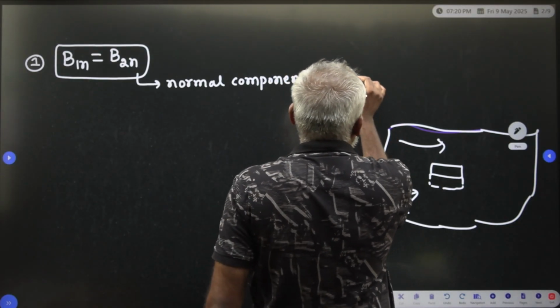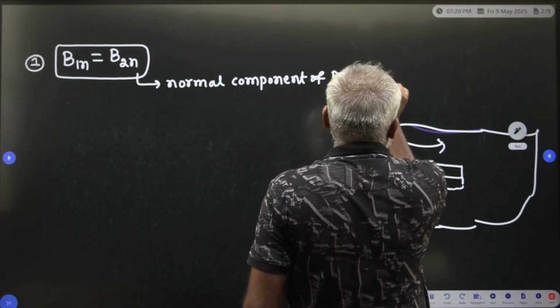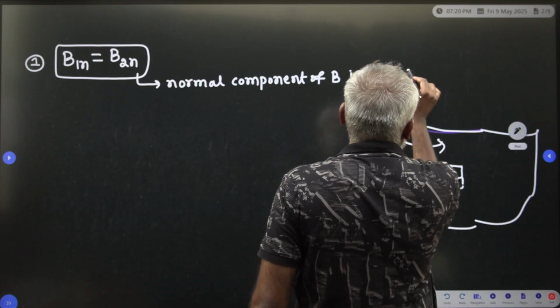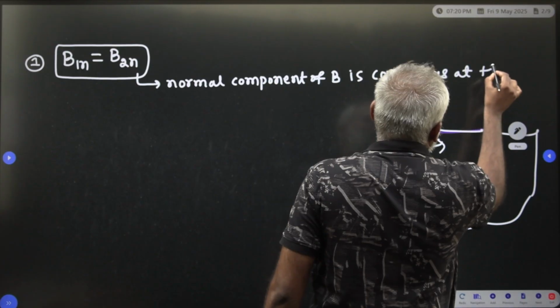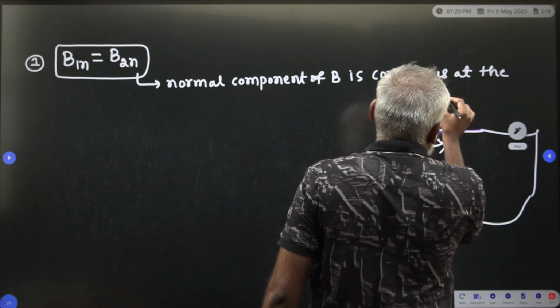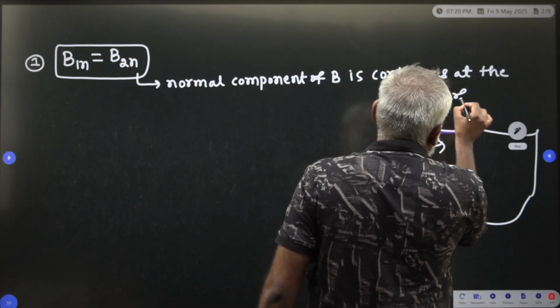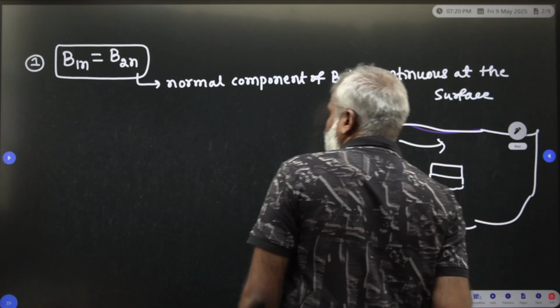B1 normal is equal to B2 normal. The normal component of the magnetic field is continuous at the boundary surface. Clear? Right. This is the first one.